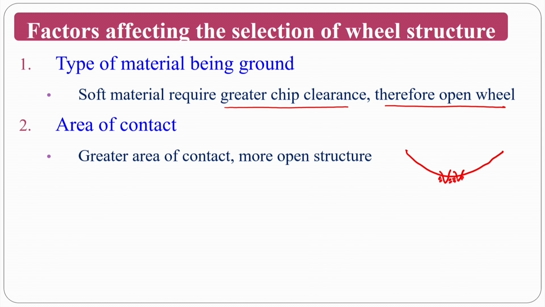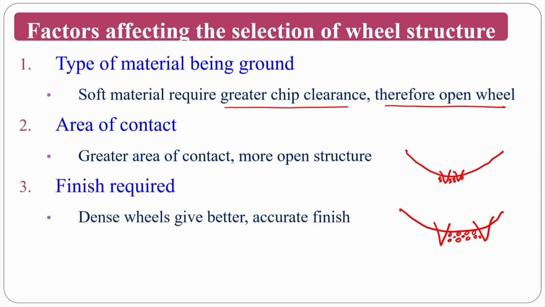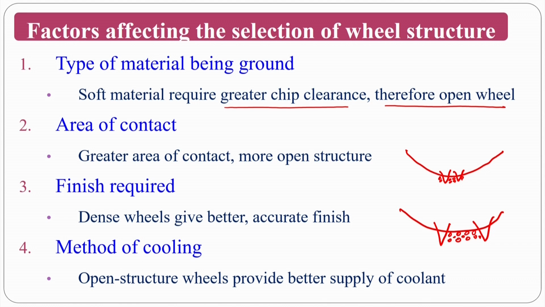For that reason, you should always have an open structure, so that a greater amount of material can be accommodated before the wheel becomes dull. That is why one has to go for the open structure. For finish required, normally a dense wheel gives the finish. As for method of cooling, open structure wheels provide better supply of coolant.